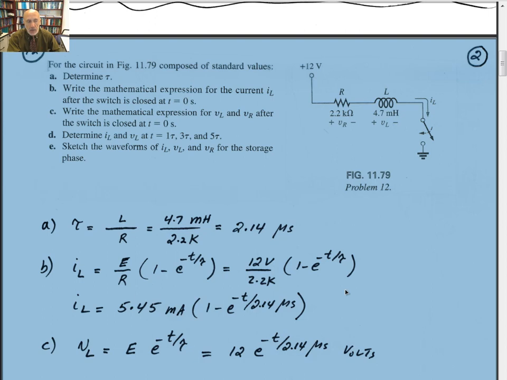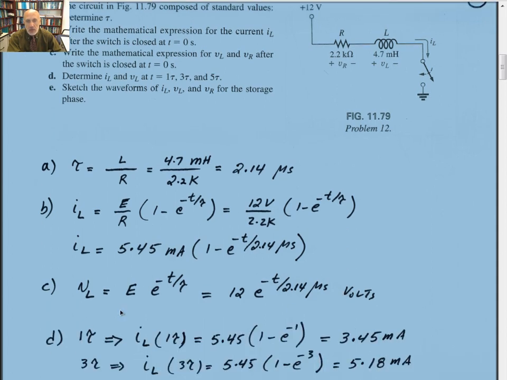Part C is determine the equation for V sub L and V sub R after the switch is closed. When you close the switch, there's no current flowing, so the voltage across the resistor will be 0 initially. So all that voltage is going to appear across the inductor, so it'll be 12 volts.